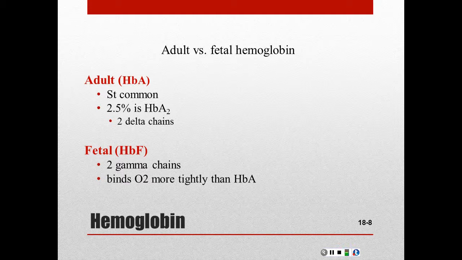The fetus produces fetal hemoglobin, HbF, which has 2 gamma chains in place of the beta chains. So HbF binds oxygen more tightly than adult hemoglobin.